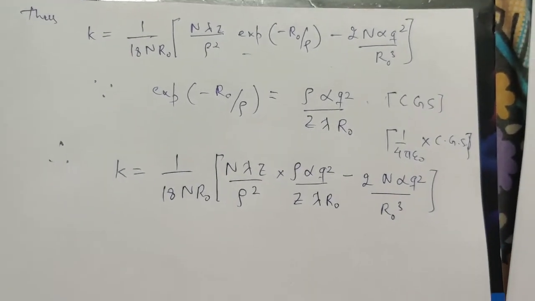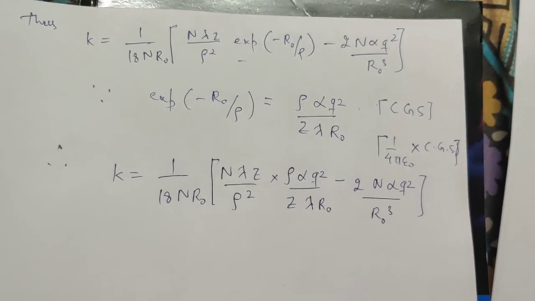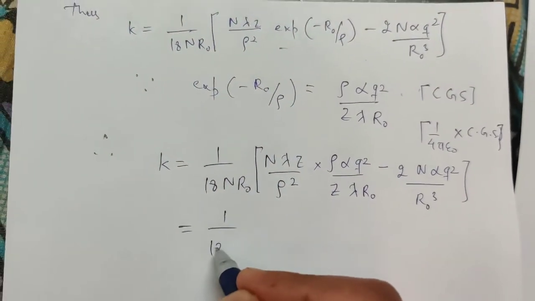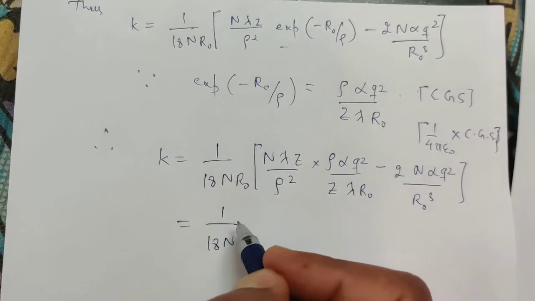By solving this we get 1 by 18 n r naught.